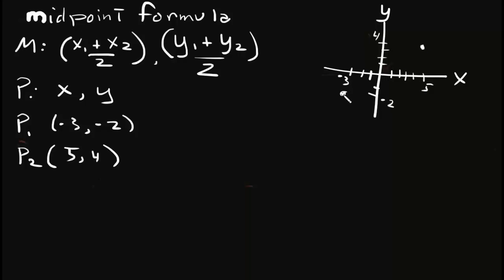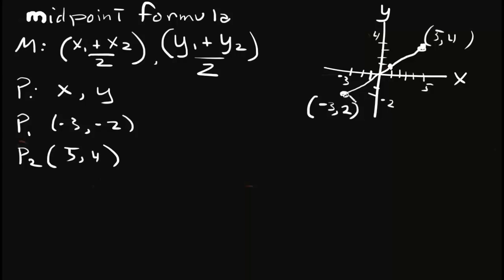And let's say we have a line connecting these 2 points. This is point 5, 4, and this is point -3, -2. And we want to know what's the midpoint of this line.